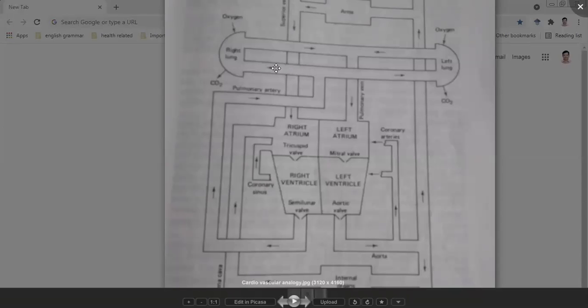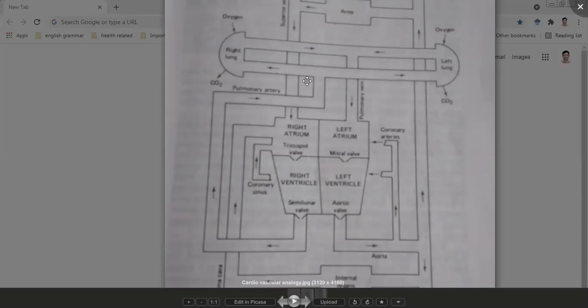See here, this pulmonary artery joins with the pulmonary veins. This is the pulmonary veins line, and this is the arteries line. These pulmonary arteries and pulmonary veins are joined, and in between we have a capillary.